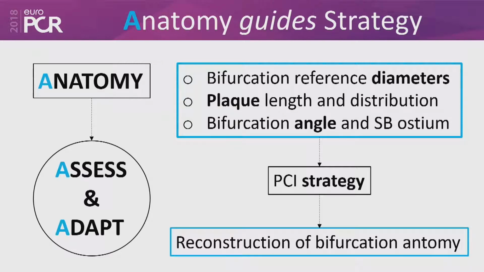So if you would plan a PCI of putting a stent and ending the stent before the left main, you should know, and this is the information that you get from the imaging, that you are actually ending the proximal part of the stent in plaque that extends into the left main. So this is one example where imaging could really help you understand the anatomy, the plaque distribution part of it.